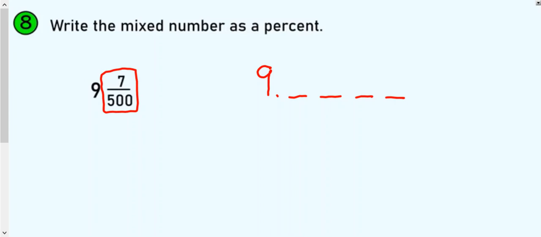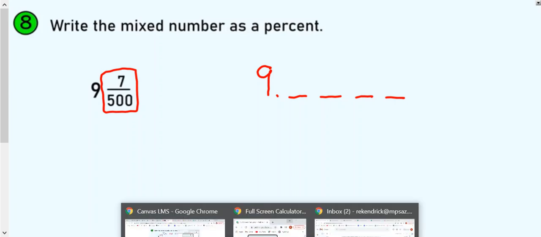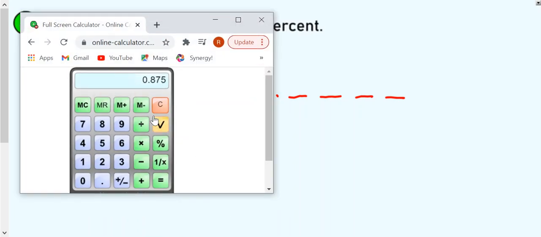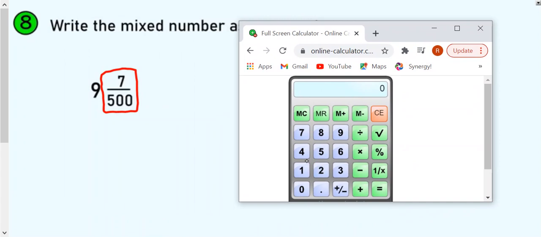Okay, so if we follow what we just did, changing a fraction into a decimal and percent, then we would divide the numerator by denominator. So that would be 7 divided by 500, and that would get us a decimal of 0.014.